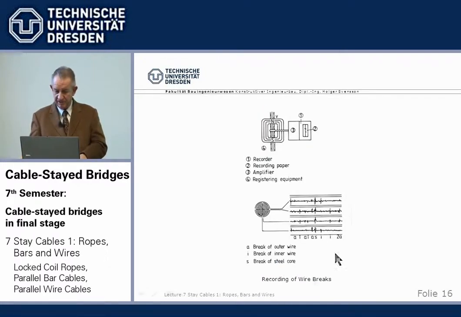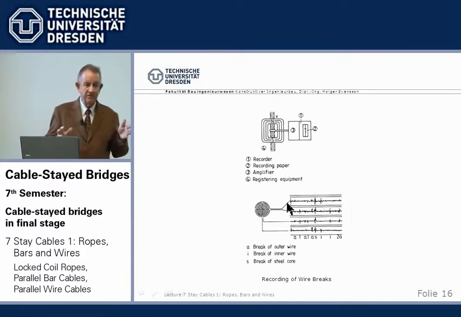For example, here, this is a printout from this magnetic induction, and from the shape of these, say, hitches here, we can say, okay, at this place, an outer wire is broken, at this place, an inner wire is broken, and so on.